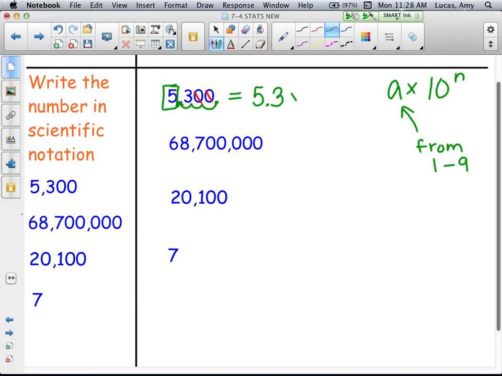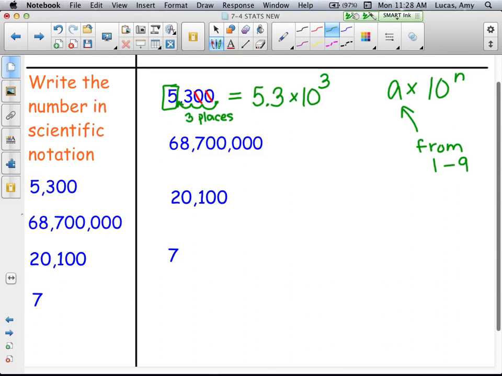I do need to make sure that I count them though when I'm figuring out my exponent for n. I moved the decimal point 3 places, so that is my exponent on 10. So 5.3 times 10 to the third power is the same as 5,300.